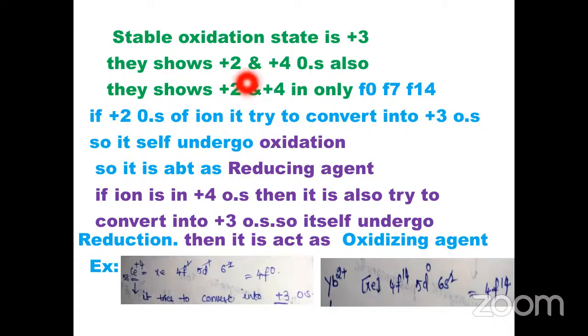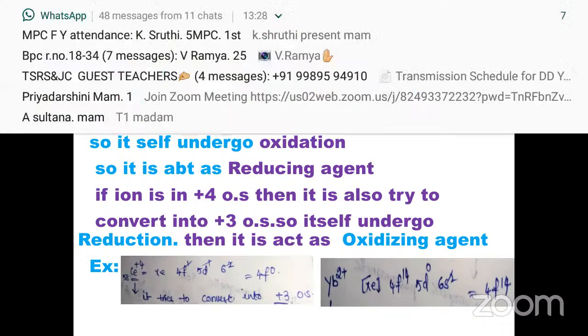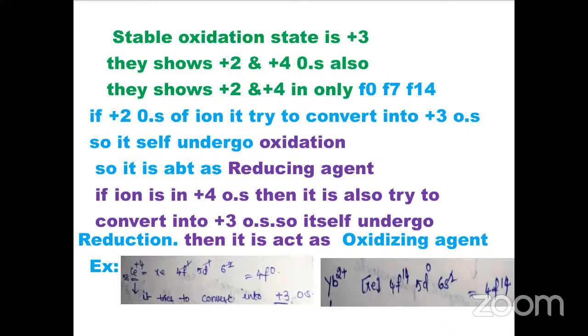The stable oxidation state is +3, but they also show +2 and +4 oxidation states only in f0, f7 and f14 configurations. If it has the +2 oxidation state, it tries to convert into +3, so it undergoes oxidation, which means it acts as a reducing agent.